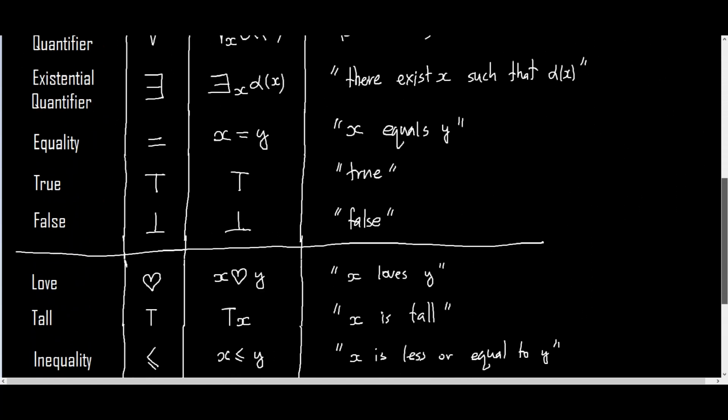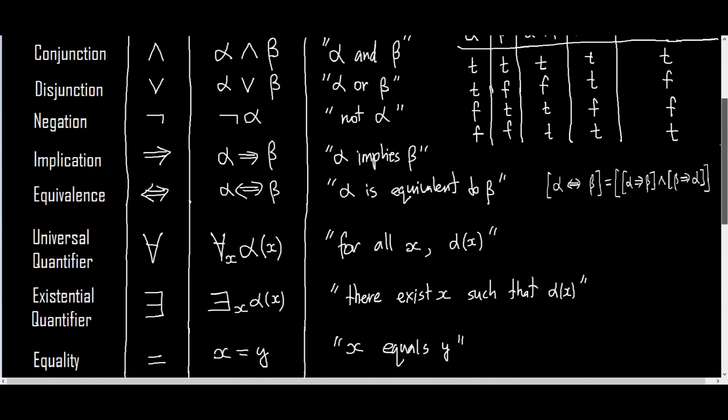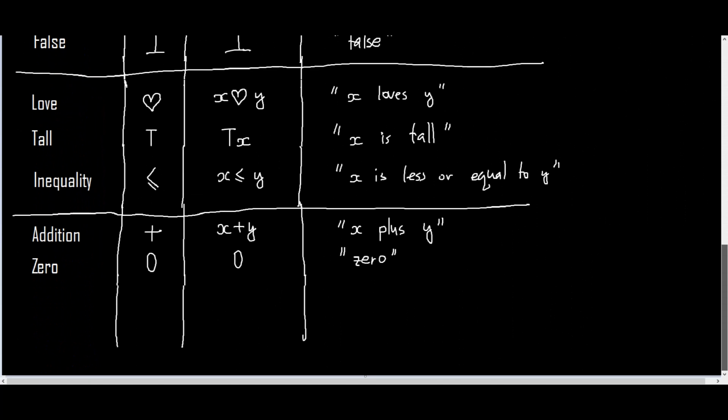And so combination of these symbols is very much similar to how you, for example, would combine addition to form long expressions, like, for instance, 2 plus 3 plus 5 plus 7, right? So what does this mean? This means that you first add 2 and 3, then you add 5 to that, then you add 7 to that. Now with addition, it doesn't really matter in which order you do this, but imagine if there was subtraction, then it would matter, right?